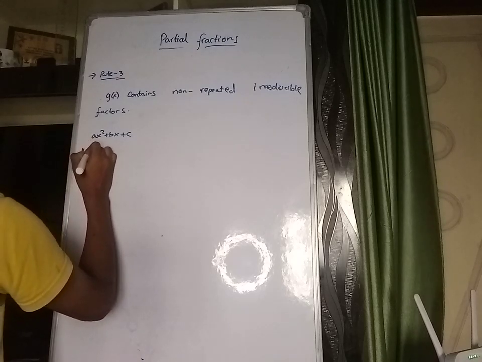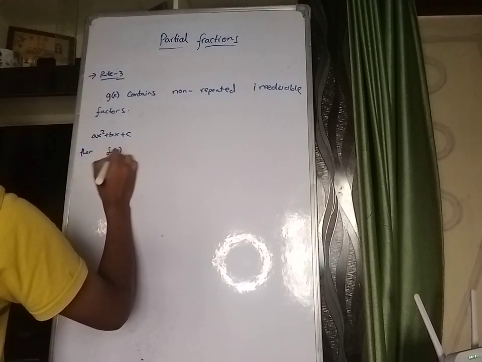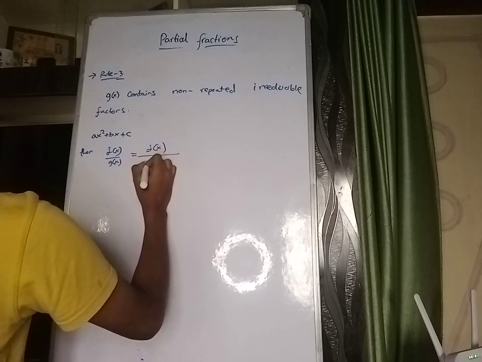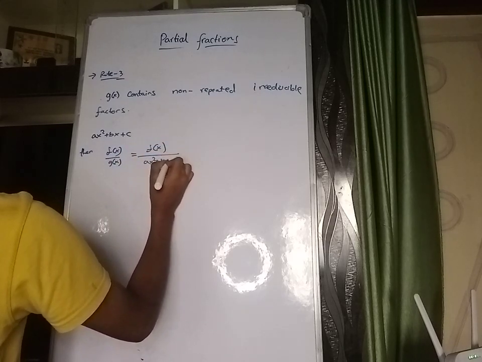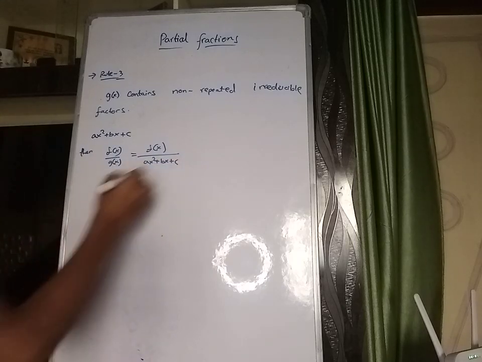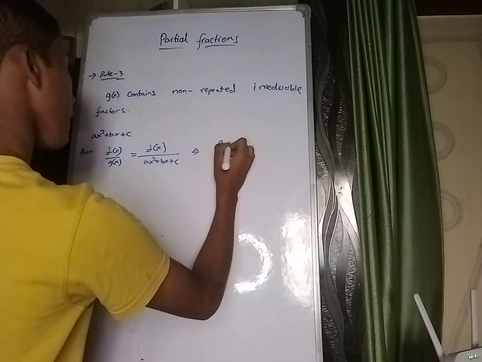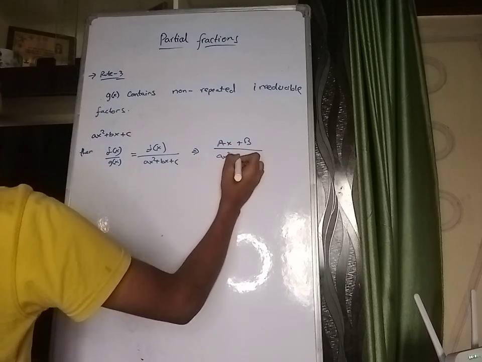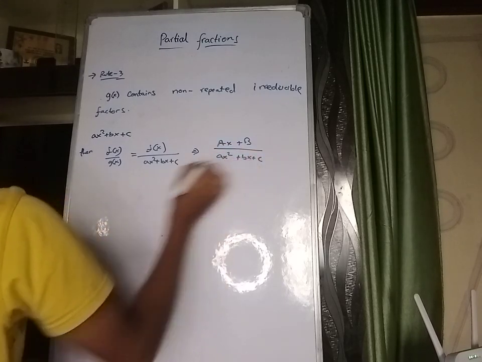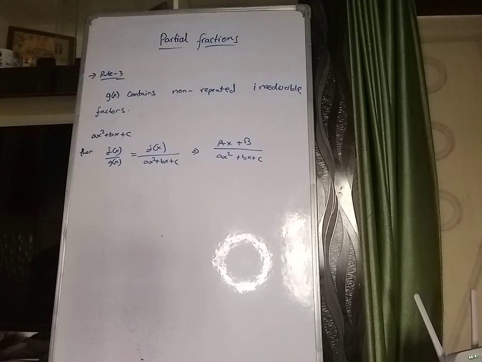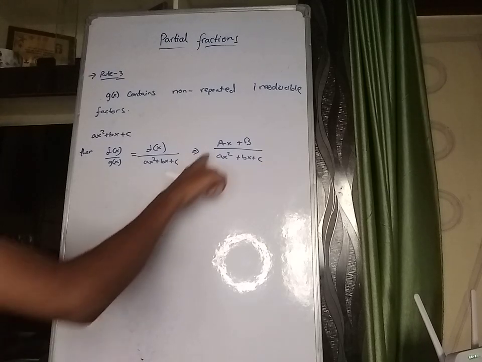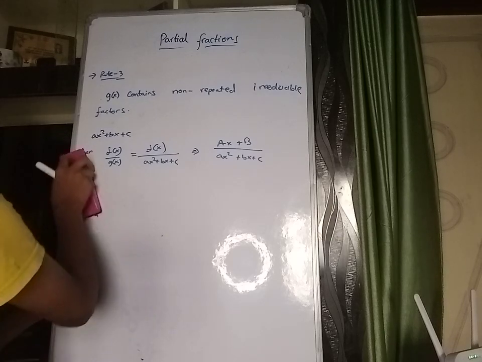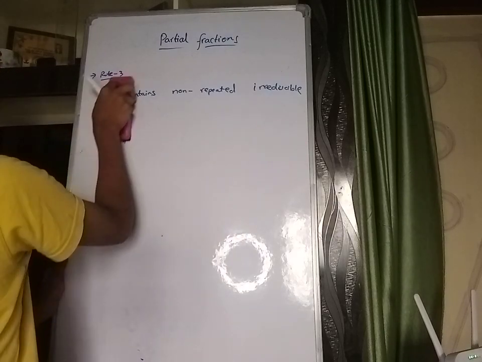Then f of x by g of x is equal to f of x by this irreducible factor, and we need to write it as Ax plus B divided by ax square plus bx plus c. Okay, and we need to find A and B constants. This is rule 3.